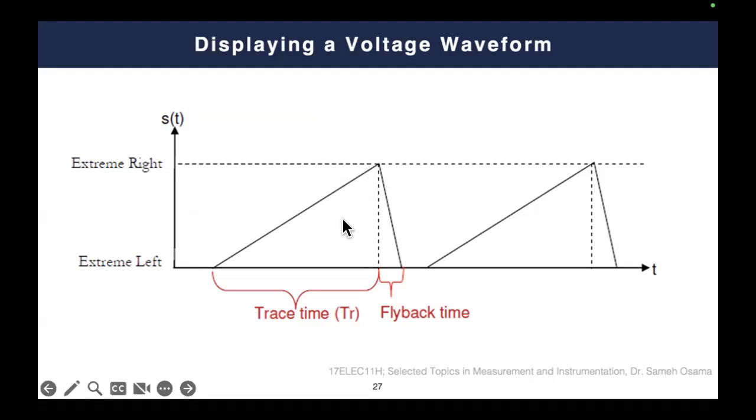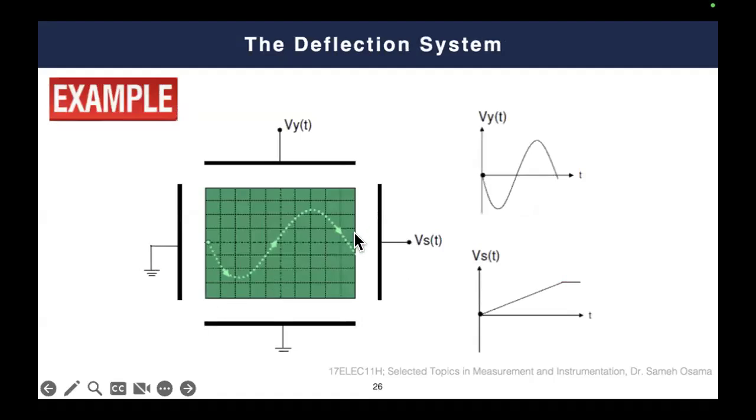Any variation from high voltage to low voltage will take time. Okay, where is the problem? Let's take a time. Where is the problem? The problem is, in this time, your electron beam will make a reverse process, returning back from the extreme right point to its starting point on the extreme left.